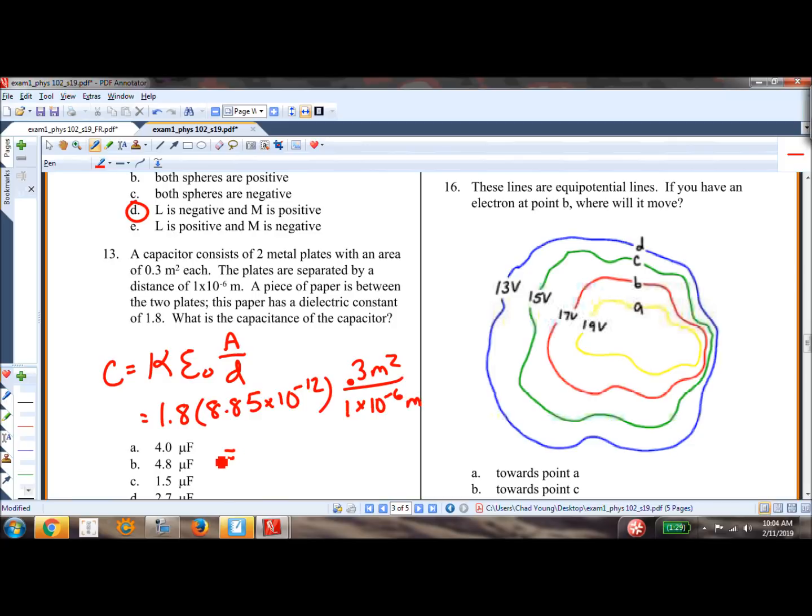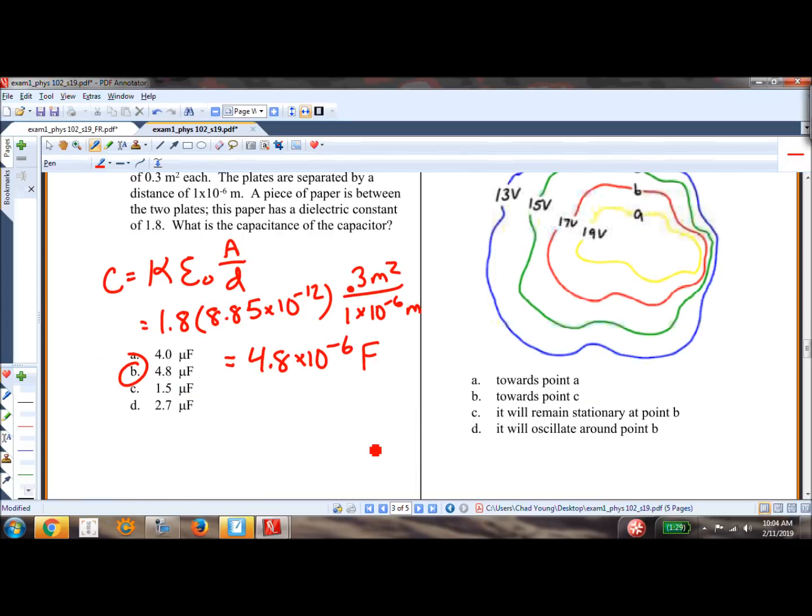And that works out to be 4.8 times 10 to the minus 6 farads, or 4.8 microfarads.